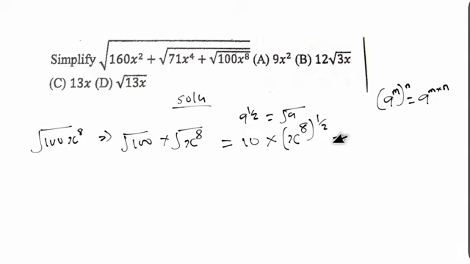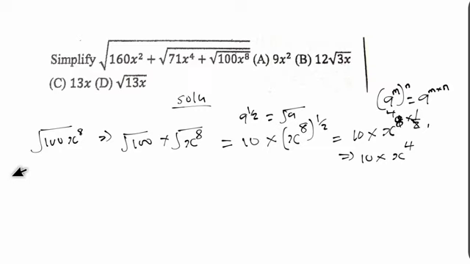So if you compare it to what we have here, this becomes 10 multiplied by x raised to the power of 8 multiplied by 1 over 2. So in here we have 2 and 8, and 8 divided by 2 is 4. So it simply means that we have 10 multiplied by x raised to the power of 4.